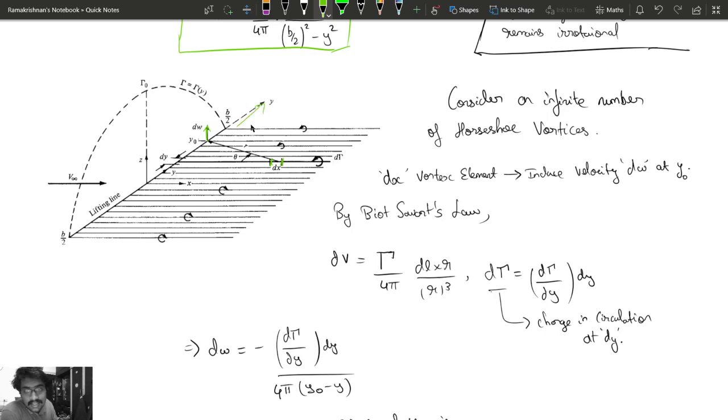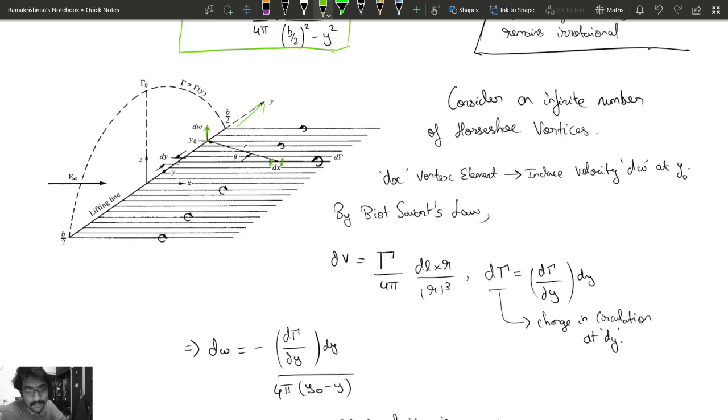This is the y-axis, and at a point y naught, this element is inducing a downwash dw, at an angle theta with respect to the x-axis, and the distance between the filament and the point where we are calculating is r.